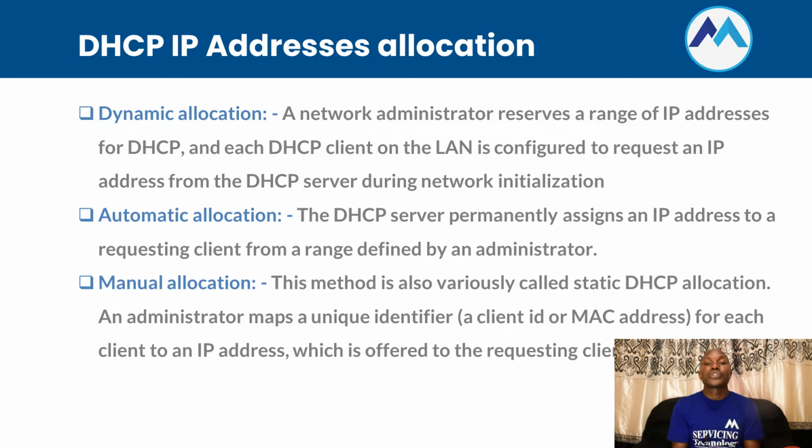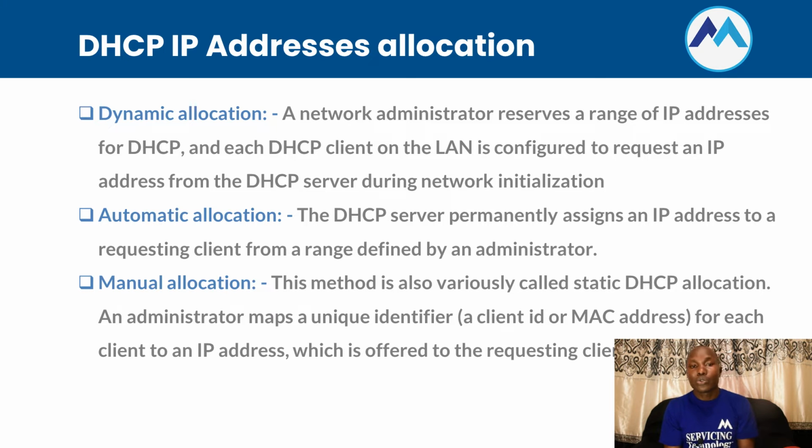Number two is automatic allocation. This is where the DHCP server permanently assigns an IP address to a requesting client from a range defined by an administrator. The server keeps a table of past IP address assignments so that it can preferentially assign to a client the same IP address that the client previously had.